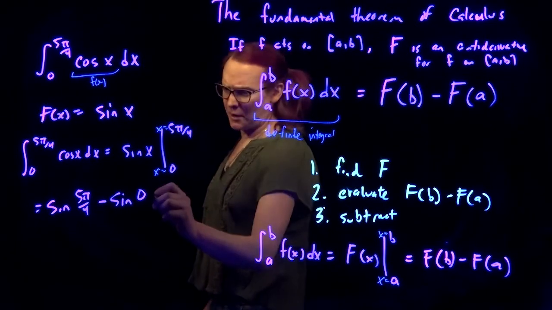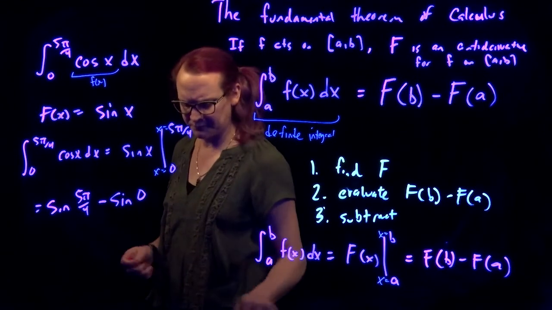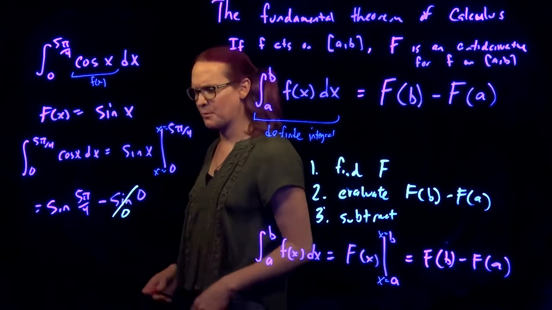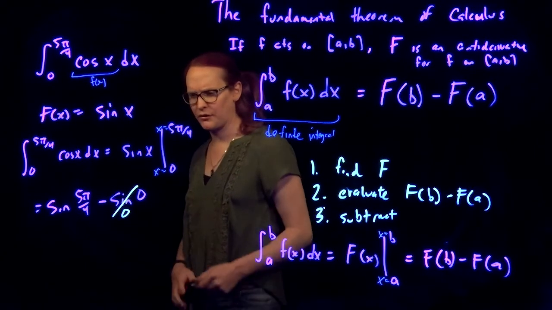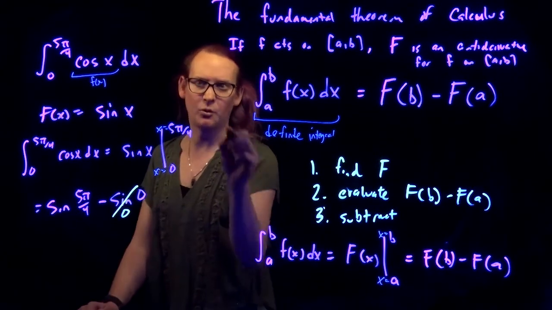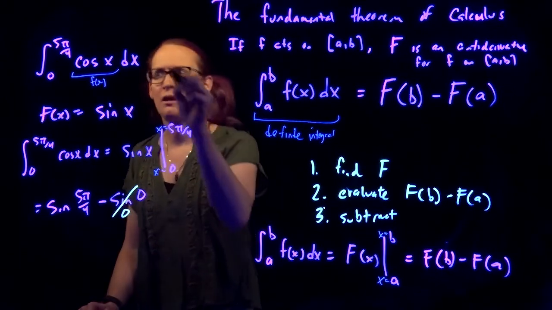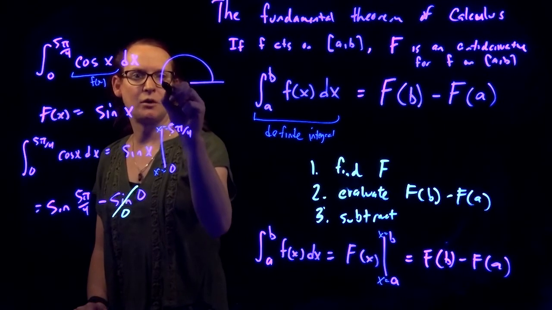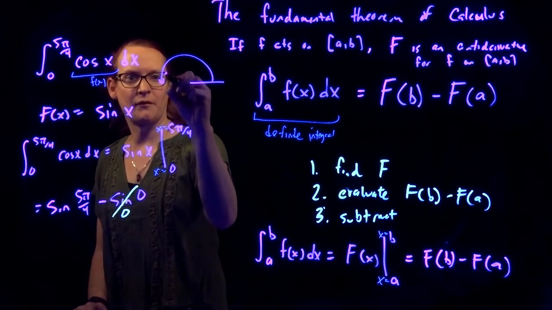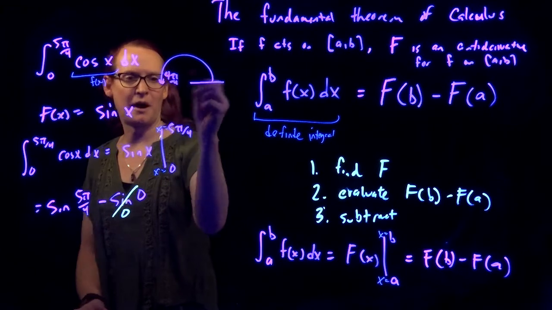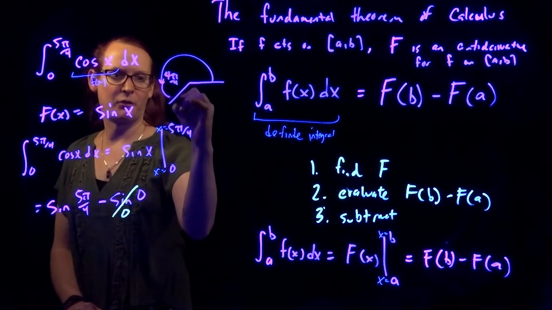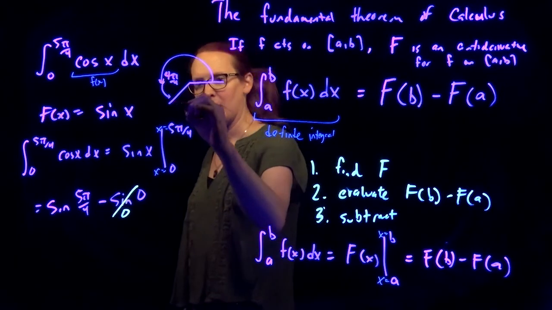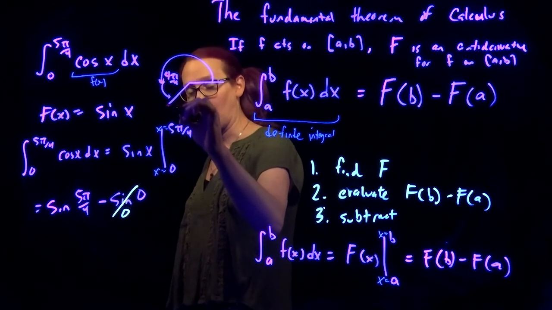And I know that sine of 0 is 0. And I just have to remember what 5 pi over 4 is for sine. Let's do a quick little unit circle on this one right here. So if I go around my circle, this is where I'm at 4 pi over 4, or pi. And then 5 pi over 4 is if I go down here. And I know that sine is the y-coordinate.